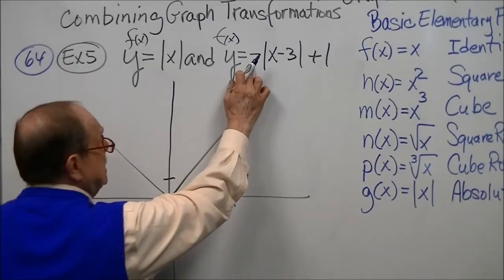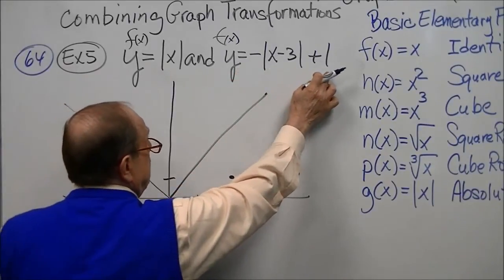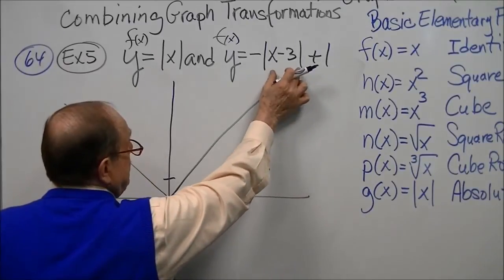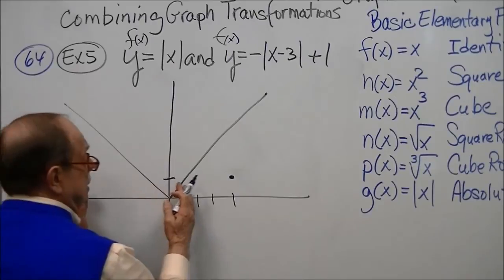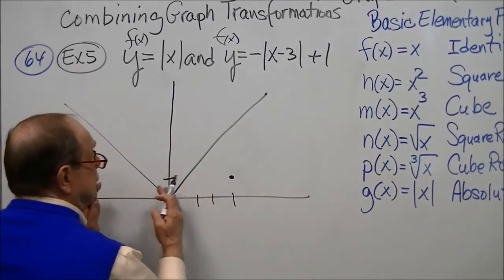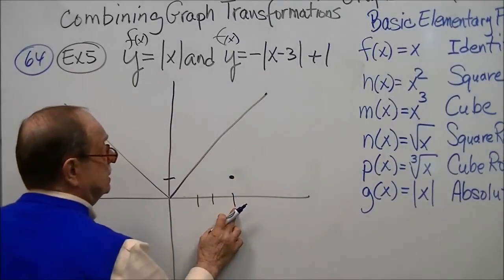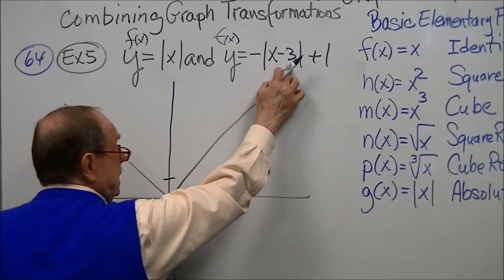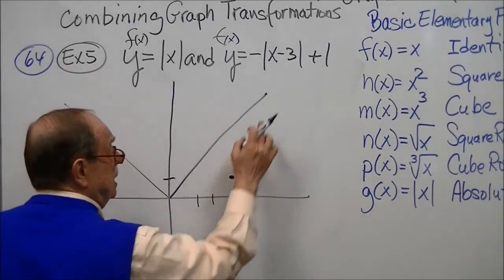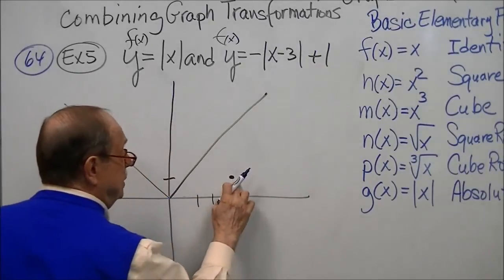And then here we have a negative sign in front of our absolute value, and +1. So we know that this is going to transform it, that is, shift it, opposite sign, 3 units. -3 becomes a +3. And we're going to also shift vertically up 1 unit.